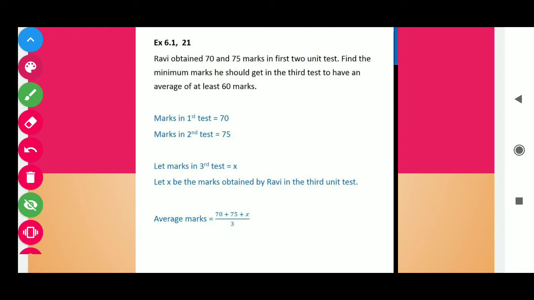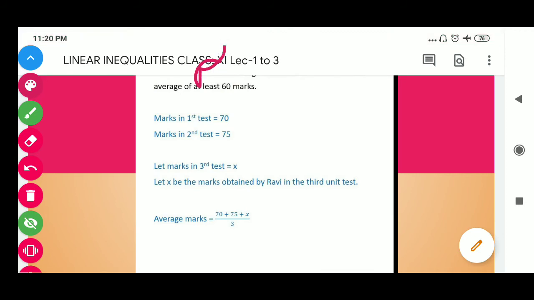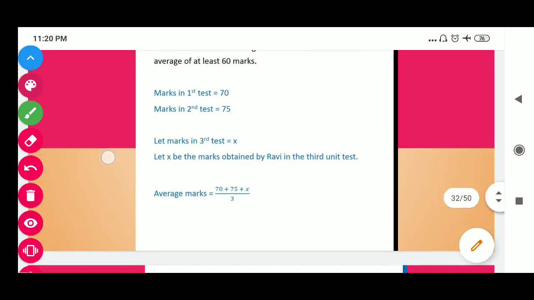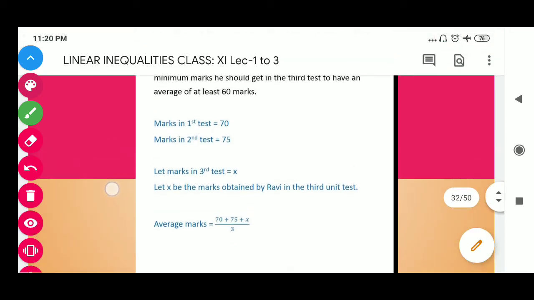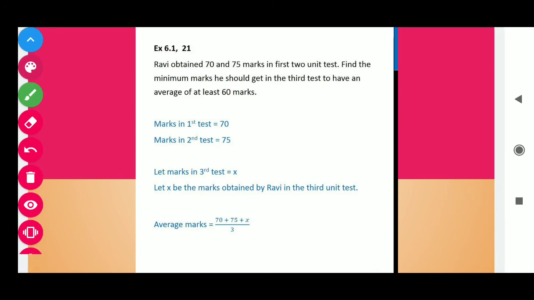Suppose you are Ravi and you have already obtained 70 in the first term and 75 in the next term. You can see here the statement, 70 in the first term and 75 marks in the second term.